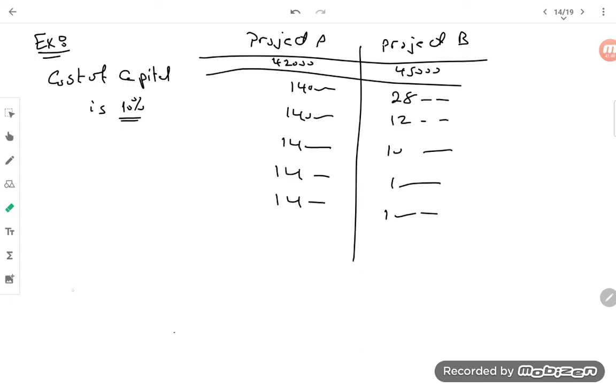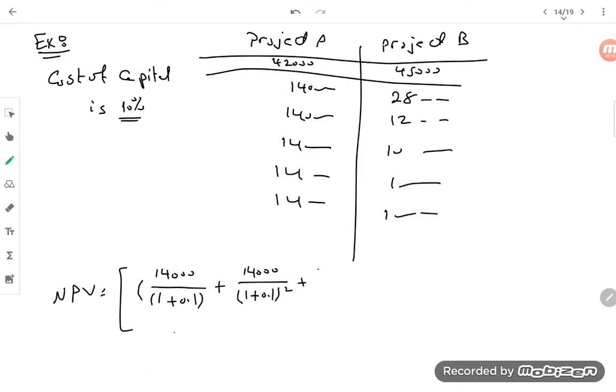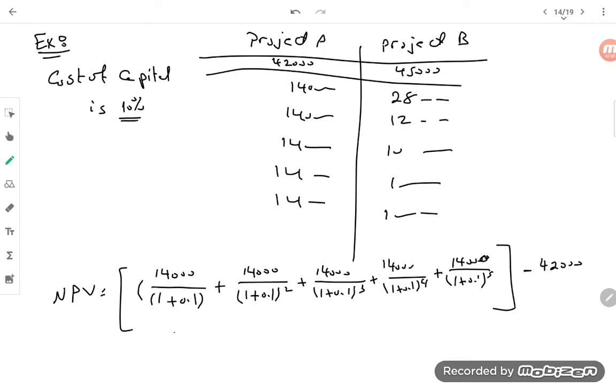So net present value is going to be calculated as 14,000 divided by 1 plus 0.1 to the power 1, plus 14,000 divided by 1.1 to the power 2, plus 14,000 divided by 1.1 to the power 3, etc., minus the initial investment, which is 42,000.